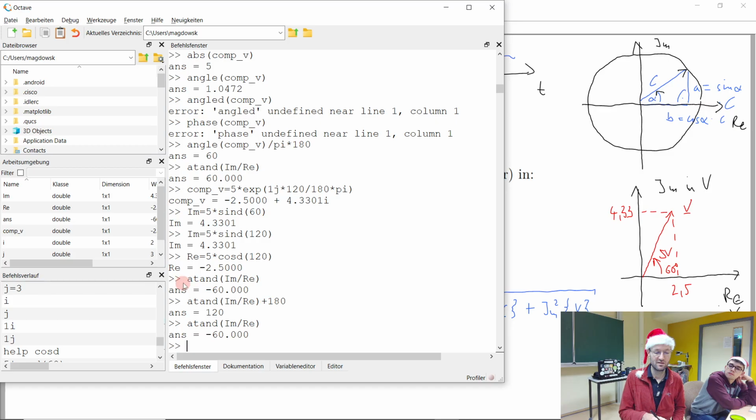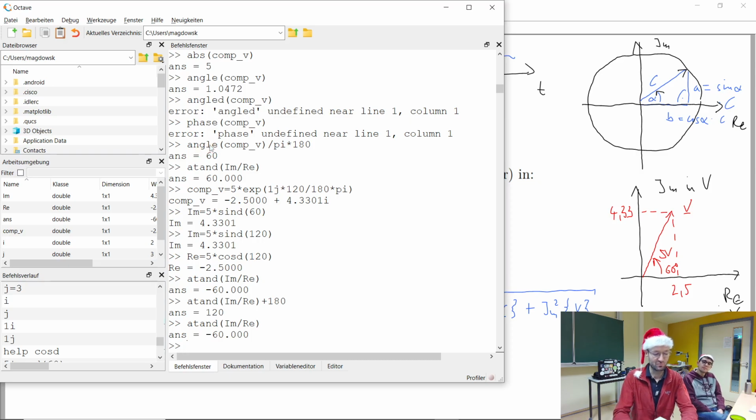And the arcus tangens function only has a value range of minus 90 degrees to plus 90 degrees. So it will calculate the wrong number in the opposite quadrant of this complex plane. And so for this case, it's much better to use this angle function, because this is more robust.